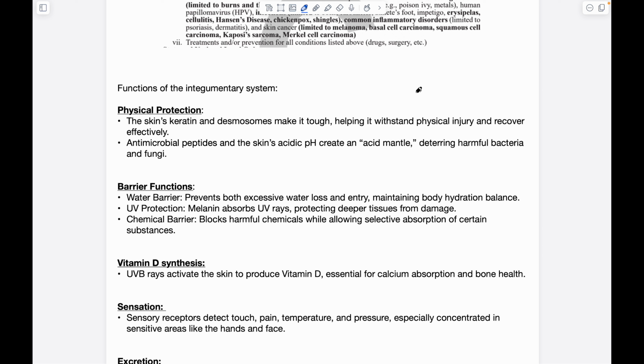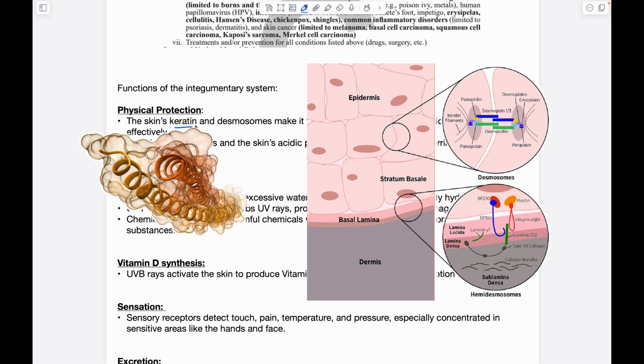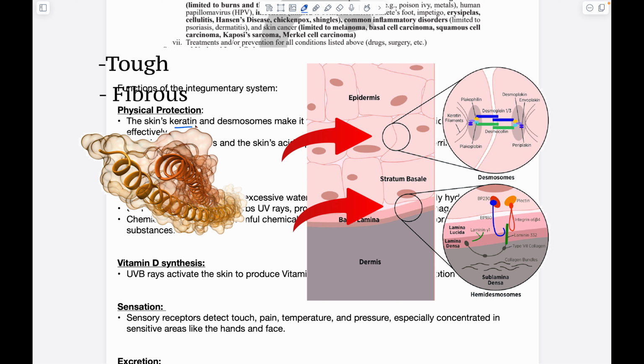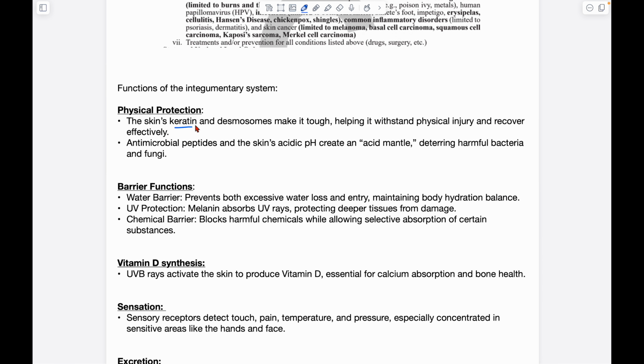The skin is the body's frontline defense against certain environmental factors such as physical trauma, microbes, and harmful substances. So epidermal cells contain these two structures, keratin and desmosomes. Keratin is this sort of tough fibrous protein, and desmosomes create a sort of durable bond between cells, which also help make the skin tough and therefore prevent it against external attacks.